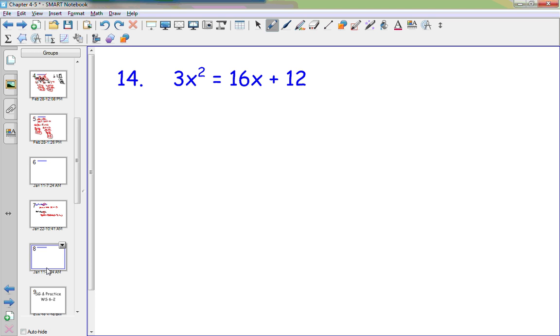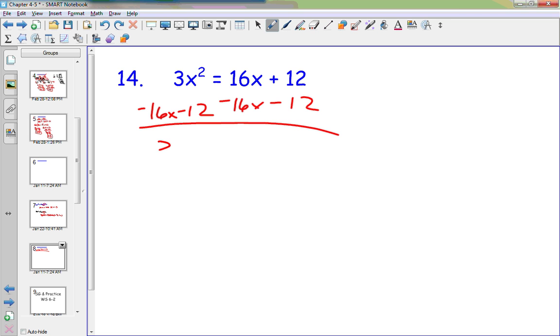You have 3x squared plus 16x equals 12. I could subtract 16x and 12 from both sides. Do we see that? Because we always like to keep the x squared term positive. So that's going to give me 3x squared minus 16x minus 12 is equal to 0.